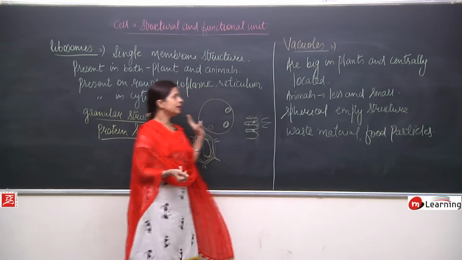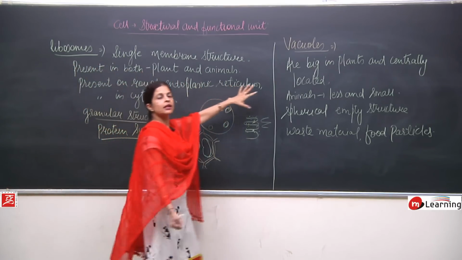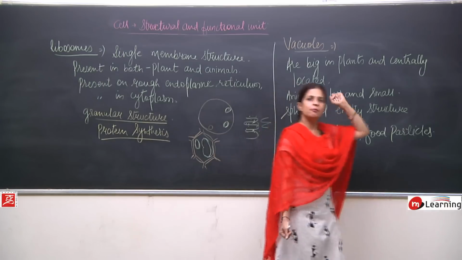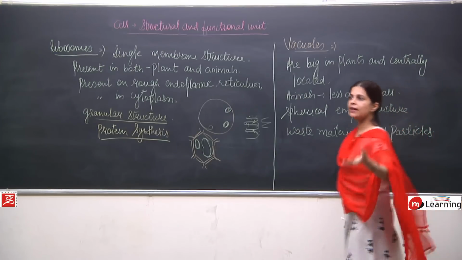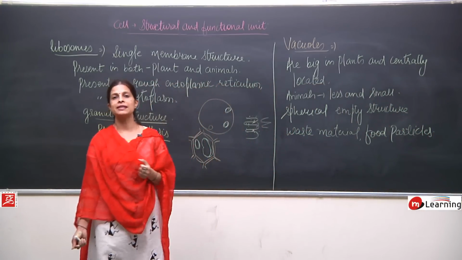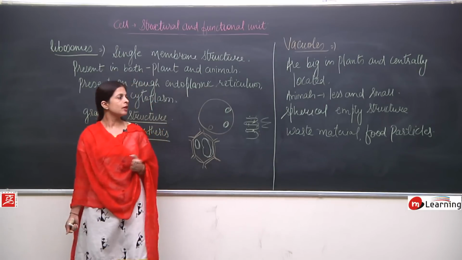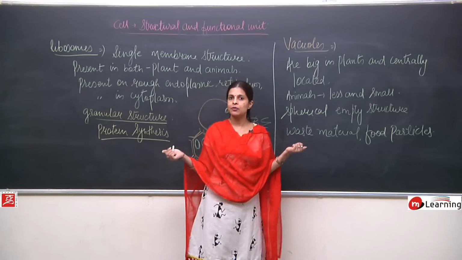So here we have discussed the ribosomes and also the vacuoles. We can identify the plant cell because of the presence of the big vacuoles which are centrally placed in the cell. This is the vacuole and these are the ribosomes.